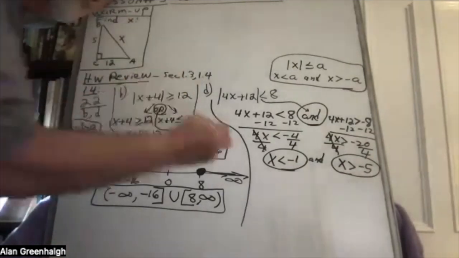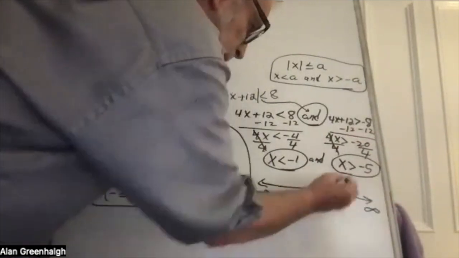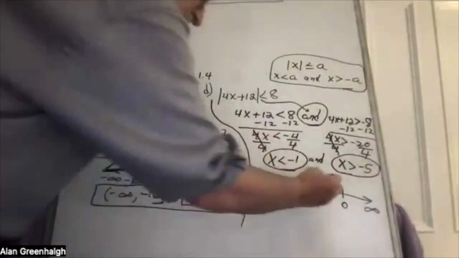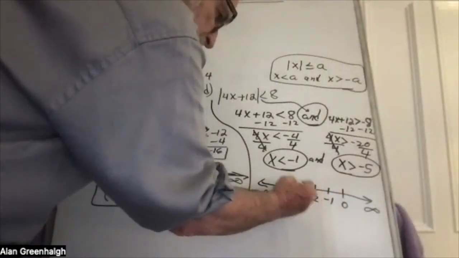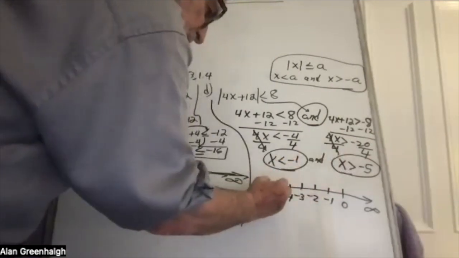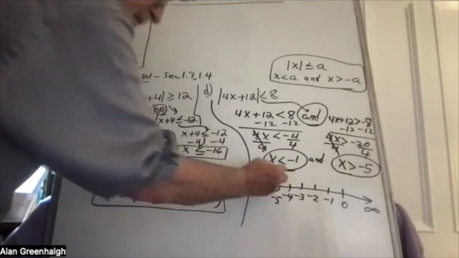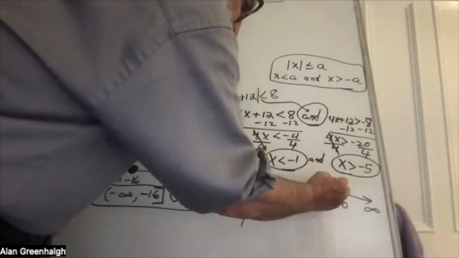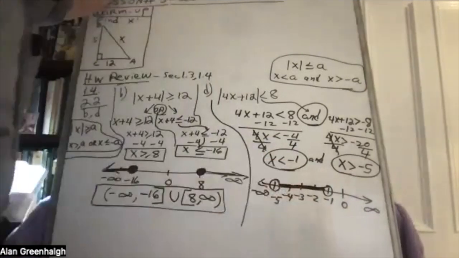Again, it's hard to visualize these things, so we draw a number line. And we're talking about all negatives, so we could sort of move the negatives over here. Negative 1, negative 2, negative 3, negative 4, negative 5. So x has to be greater than negative 5, open circle, and less than negative 1. So it's going to be between the two.